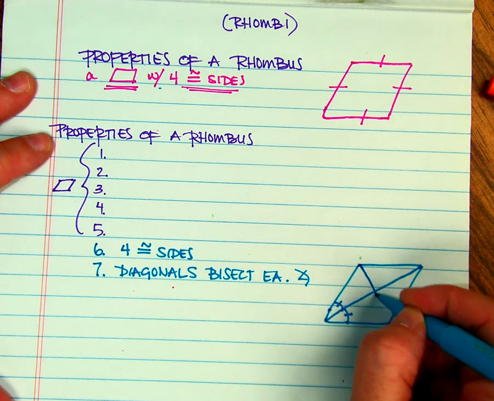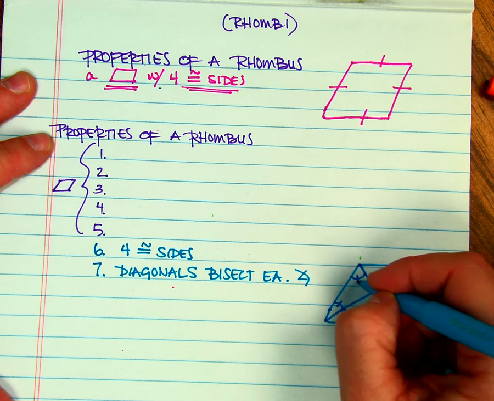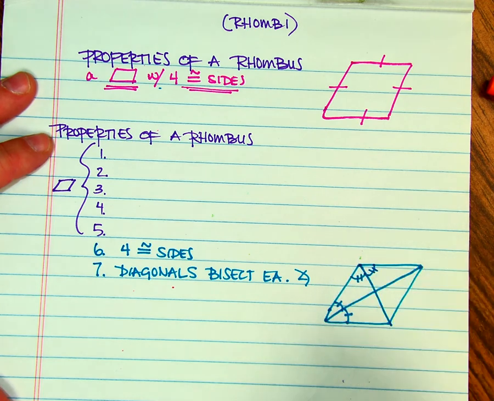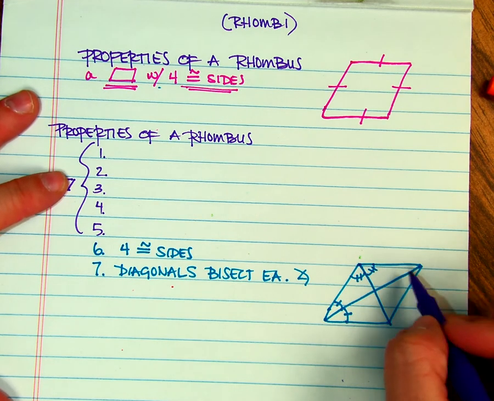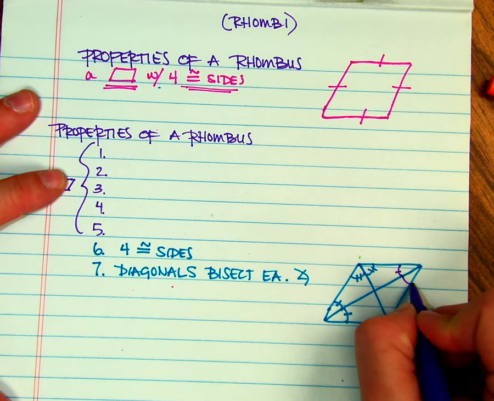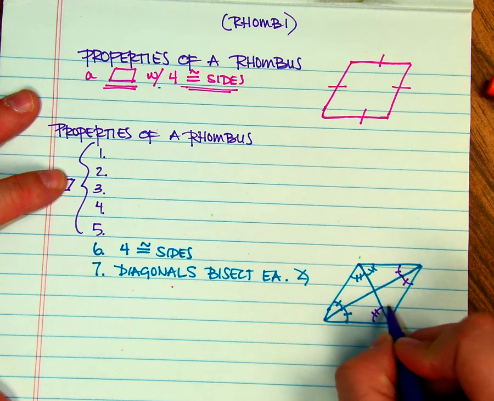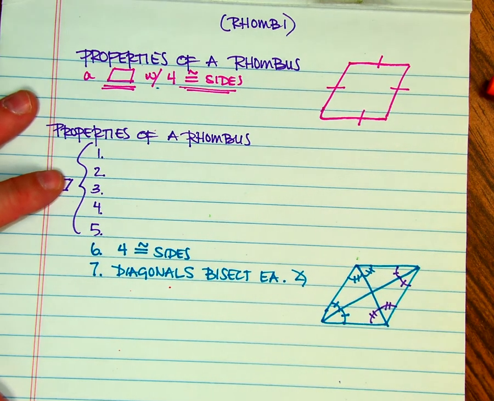If I have a diagonal zipping through here, that means that those two are congruent. And because it's still a parallelogram, and we have alternate interior angles, then these are going to be congruent by alternate interior angles. And these will be congruent by alternate interior angles.